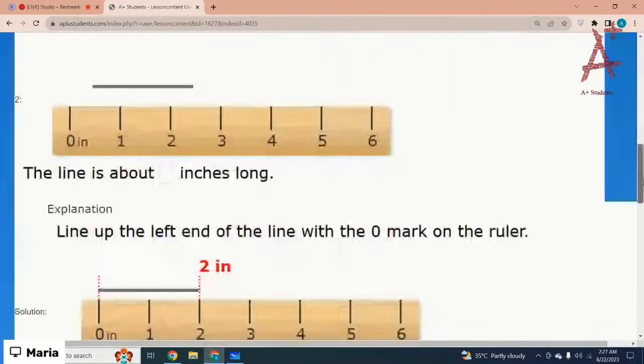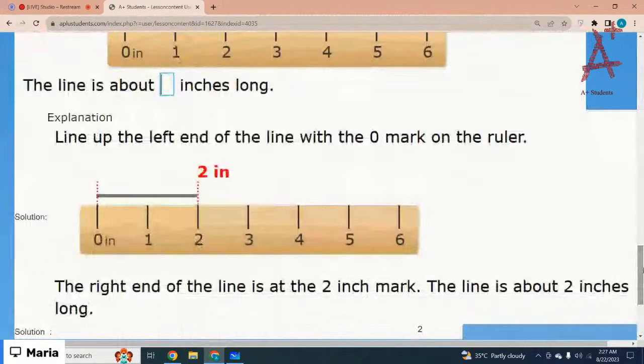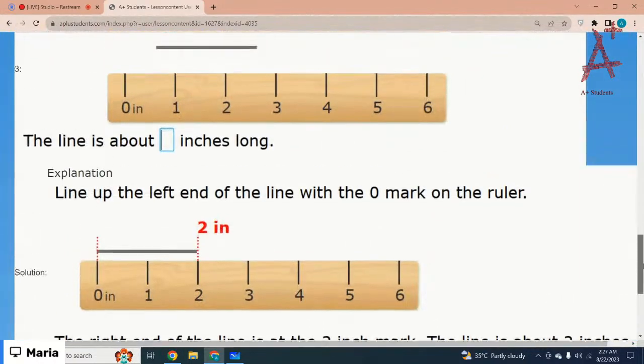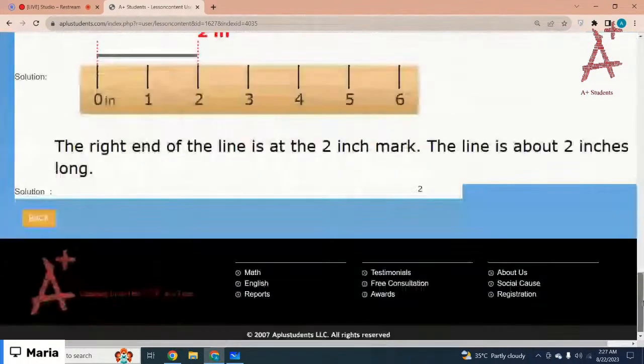The next one is, the line is about dash inches long. Okay, so I think if you move the ruler to the line, it would be just 2 inches. The correct option, yes, it is 2 inches, right?